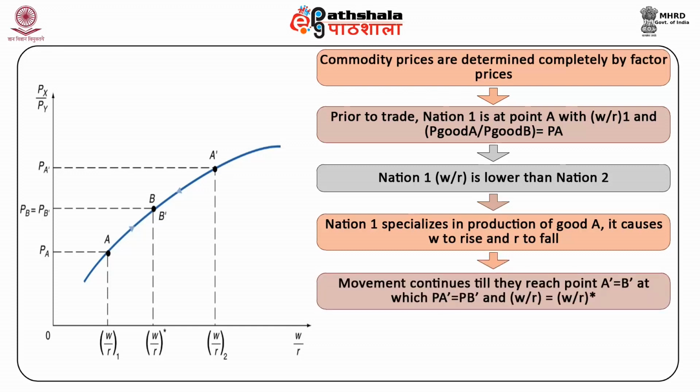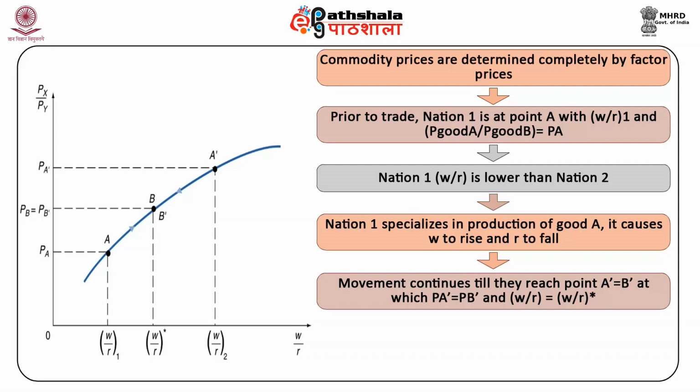The movement of W/R in both nations is shown through arrows. This movement continues till they reach point A' equal to B', at which PA' is equal to PB' and W/R is equal to W/R* in both nations.